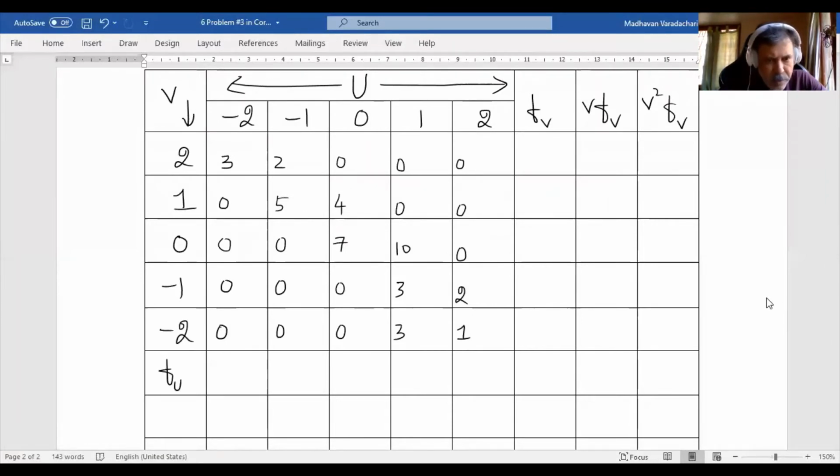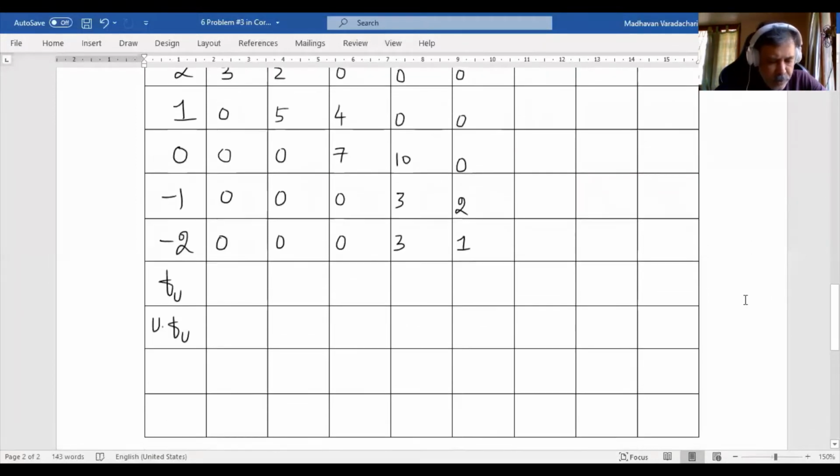Here it will be u into f suffix u, and then next row we will calculate u square into f suffix u, and finally u into v into f u comma v. So that is what we will calculate.